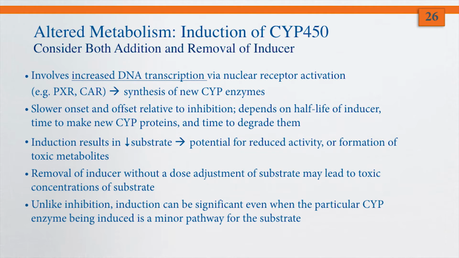And when we remove the inducer, if we've compensated by increasing the dose of the substrate, we can get toxicity if we don't reduce the substrate back to its original dose. So we have to think about the addition as well as the removal of an inducer. And unlike inhibition, where it depends on how many metabolic routes the substrate uses, induction can be significant even when a particular substrate relies on more than one CYP enzyme for its elimination.